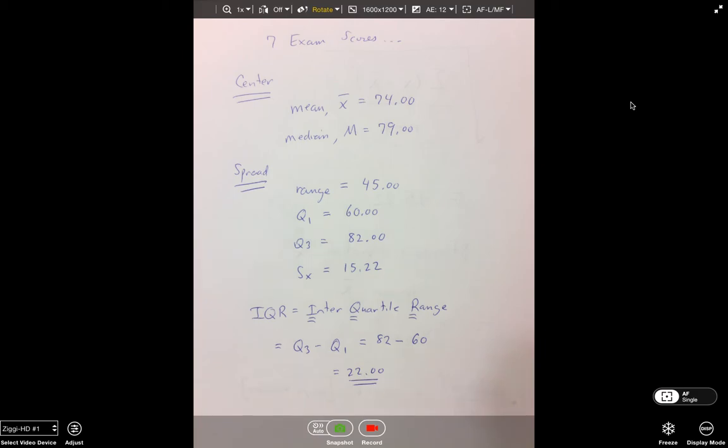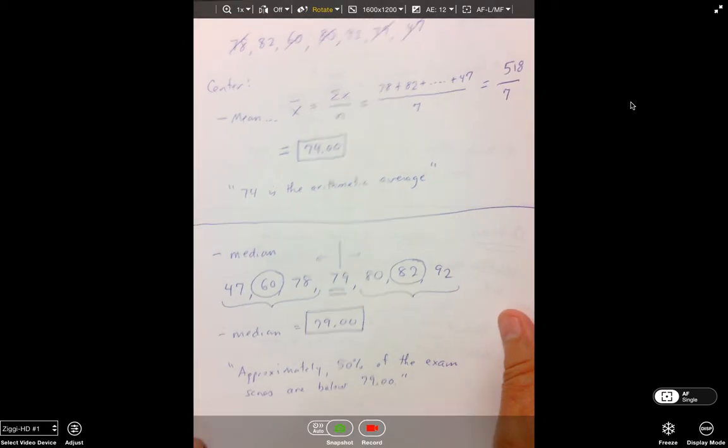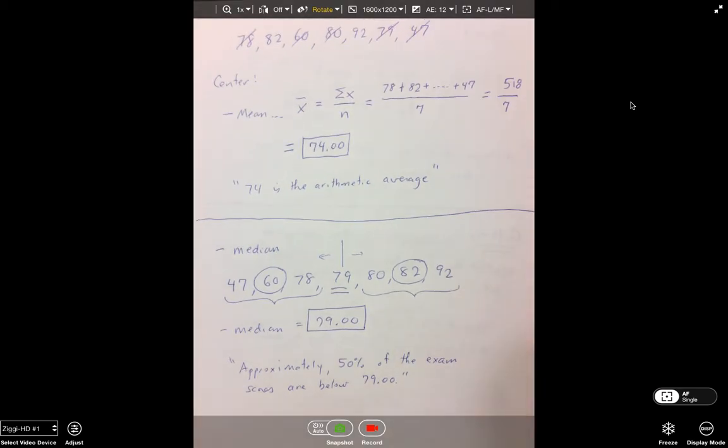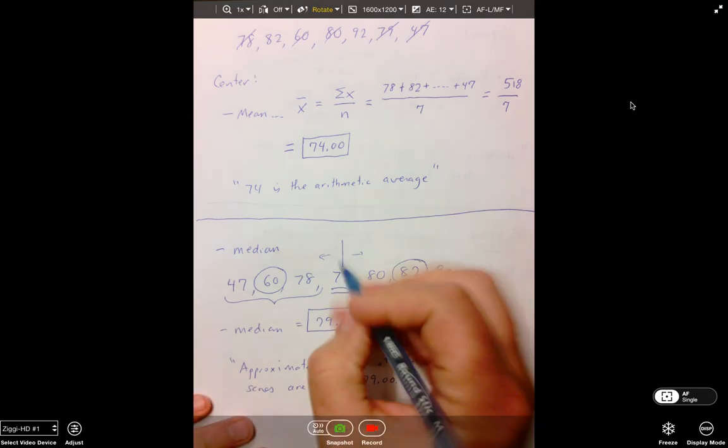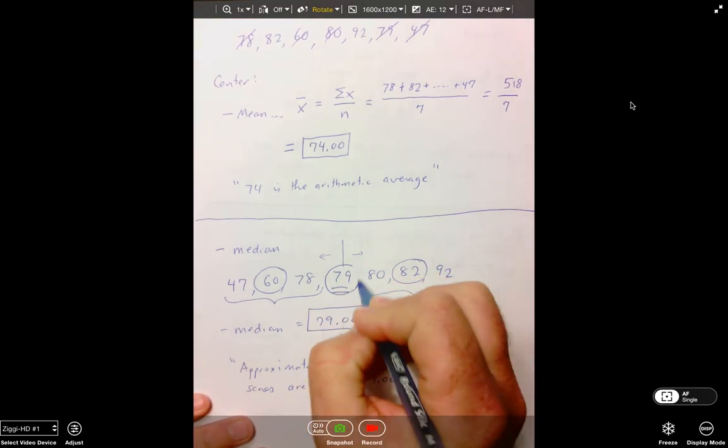I did that with the median. Okay, guys, I got a lot of notes going on here. Okay, here we go. Let me show you what they do. All right, here's the median right here, 79.